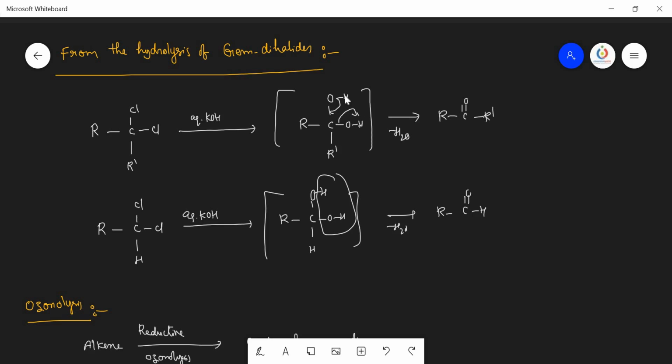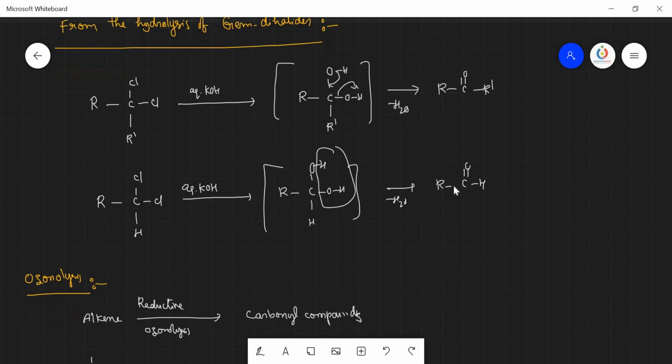Immediately it will lose one water molecule. So there is a loss of one H2O molecule and a carbon-oxygen double bond is developed, and here we get the ketone. If you want to get the aldehyde, then replace this R part with a hydrogen. Again, these two chlorines will be substituted by OH groups, and there is a loss of H2O. Again, we get the aldehydes here.